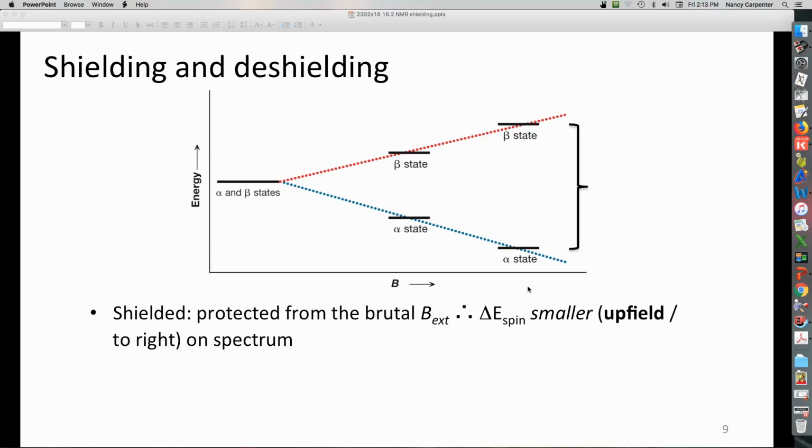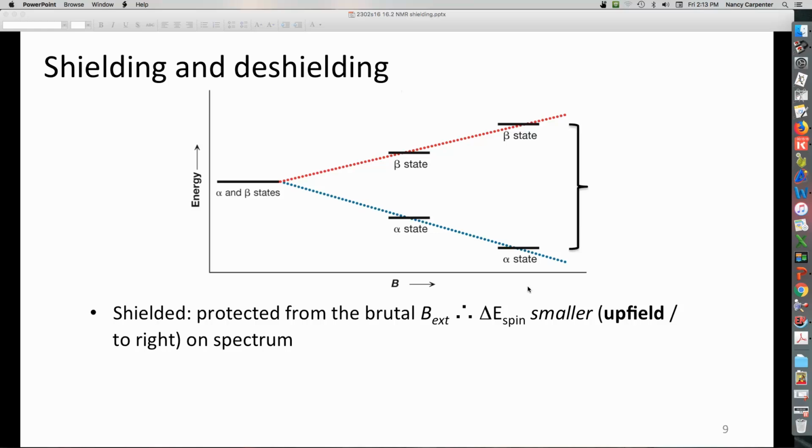A shielded nucleus has this humongous, wonderful coat of electron density around it. It would be like the UMM student that was on the left. It is completely protected from the brutal cold of the external magnetic field.